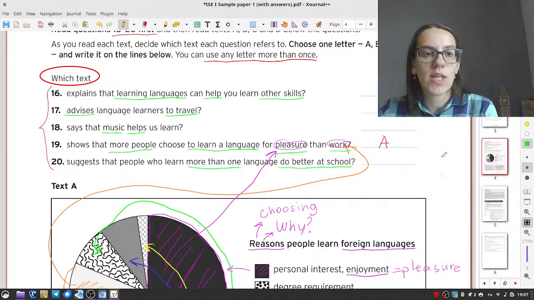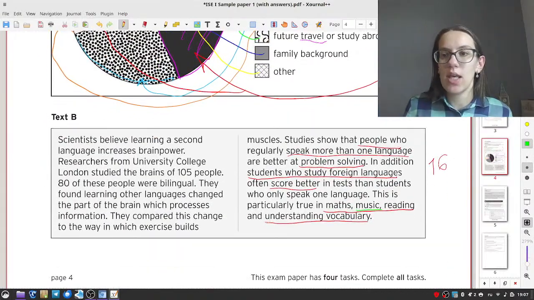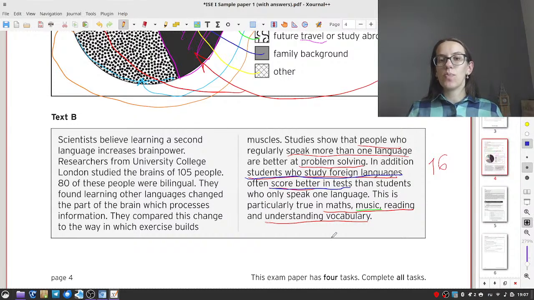And which text suggests that people who learn more than one language do better at school? So in fact here we've got information about that, about doing better at school, right? Students who study foreign languages often score better in tests than students who only speak one language.